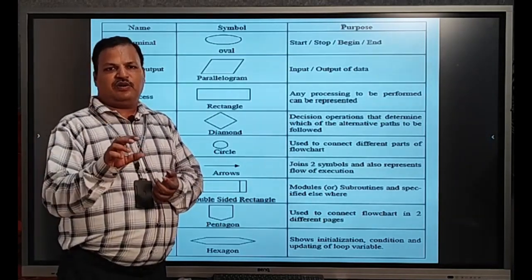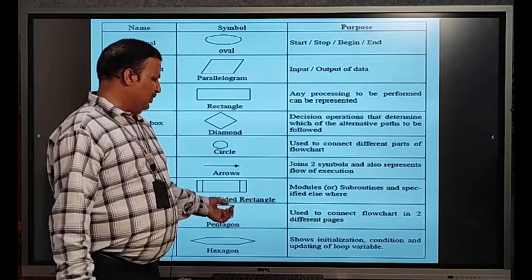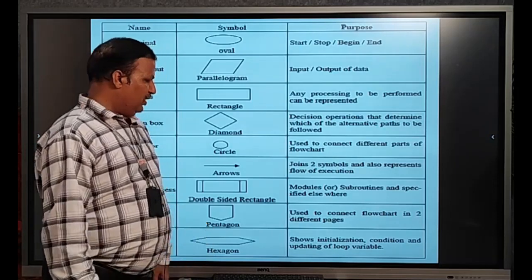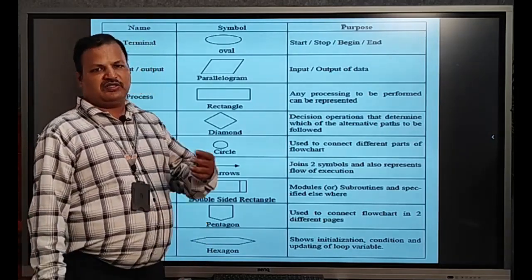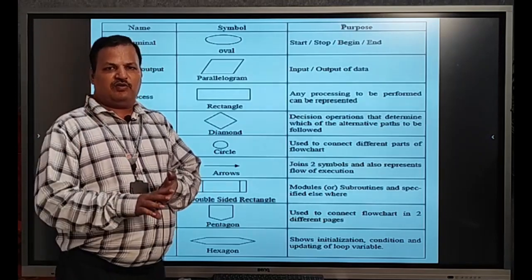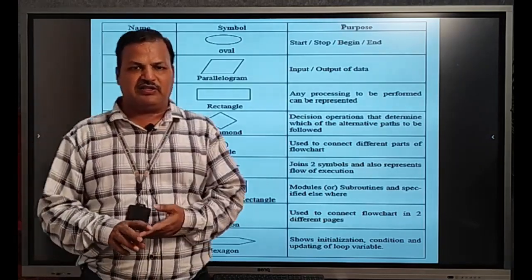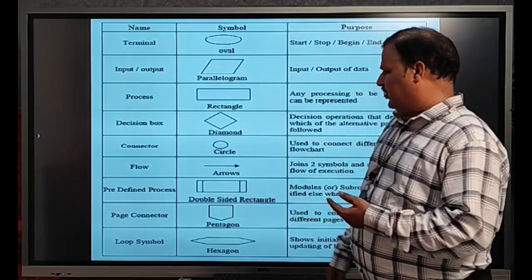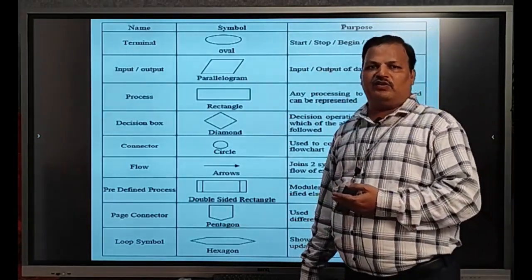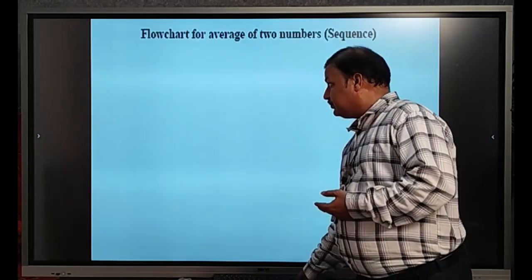If any subroutines are written in our program and you want to mention them, we can use this double-sided rectangle. We have hexagons for any looping statement: initialization, condition checking, or increment and decrement. Those operations we want to represent in our logic, then we can use the hexagon symbol. So these are the basic symbols which we are using in a flowchart.